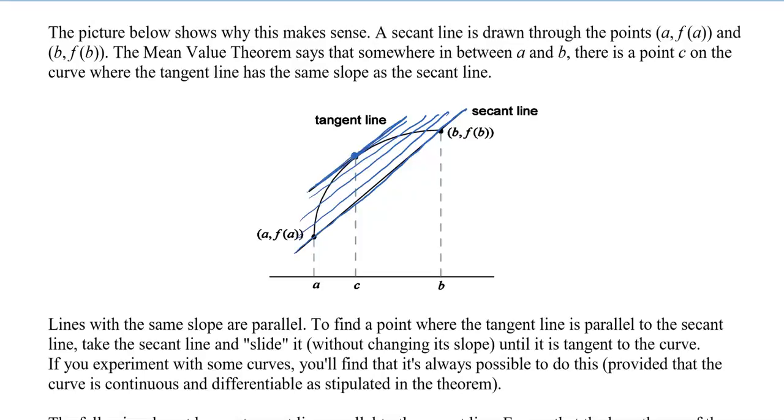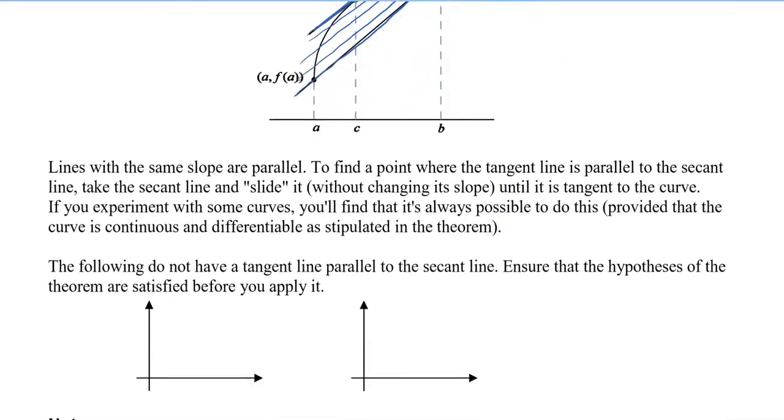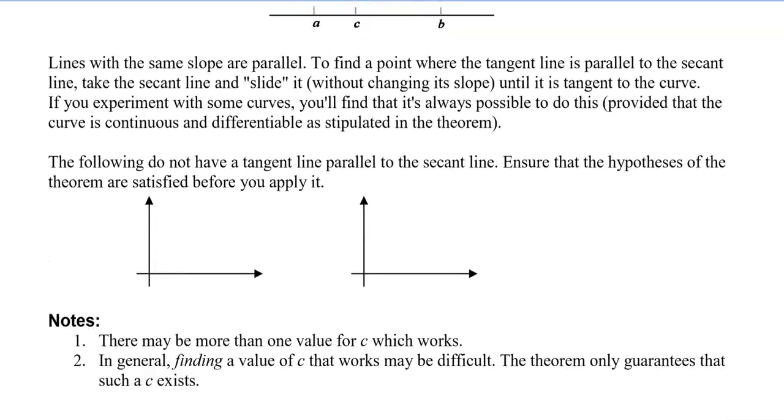Now, this can only work if the curve is continuous and differentiable. The following curves here don't have a tangent line parallel to the secant line, and I'm going to show you a couple of examples. For example, we can have this curve here, and let's say that we have this point A here, and then there's an open point B here.